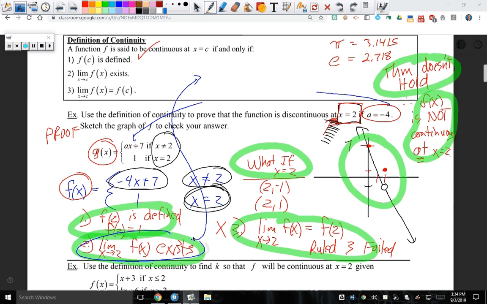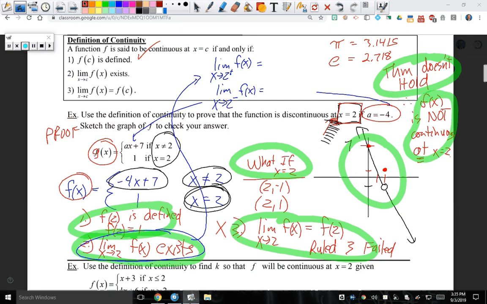This right here, for it to exist, what must I show that was very similar to your bonus question on that first test? Both-sidedness. I have to show both-sidedness. So I'll say the limit of f of x as x approaches 2 from the right is equal to something. The limit of f of x as x approaches 2 from the left is equal to something.